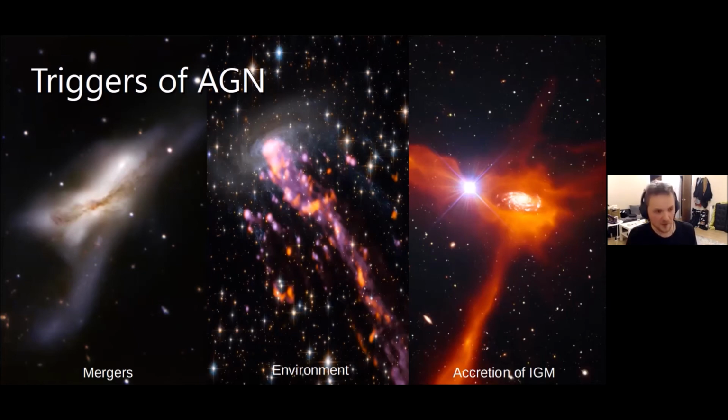There are a number of other ways to do it, but the mechanism they all have in common is that they are efficient at transporting material into the core region. So this pretty much concludes what you need to know about AGN, I think.